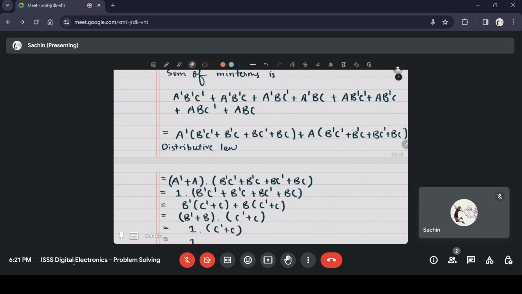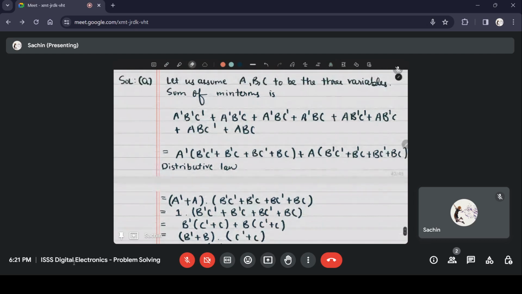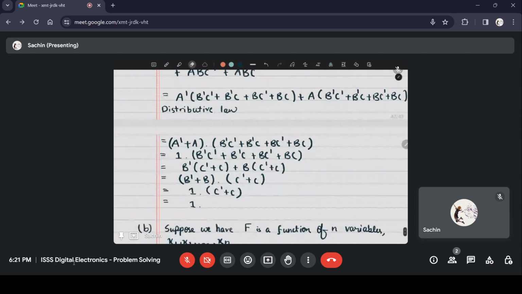That is, if you start out with a sum of all 4 variable minterms, then by taking the first literal common in half of the terms each, you will be left with 1 times the sum of all minterms in 3 variables.